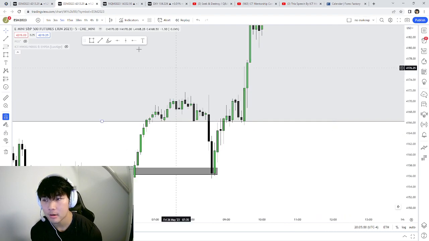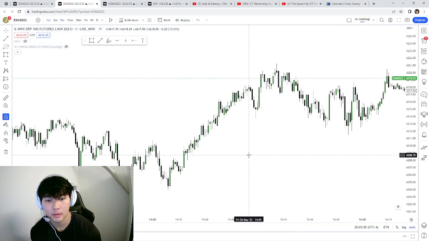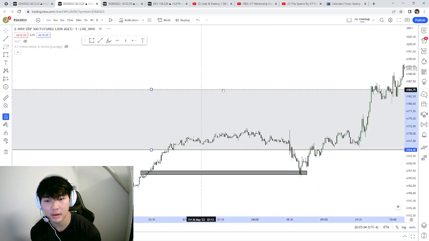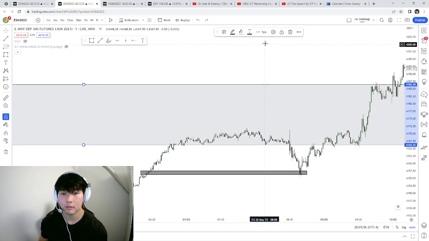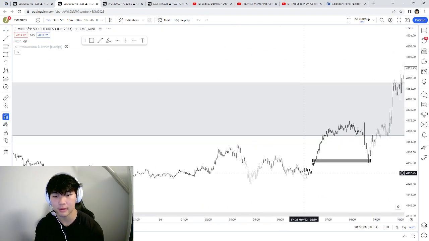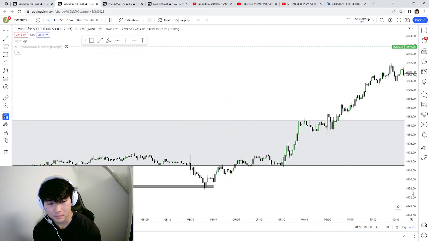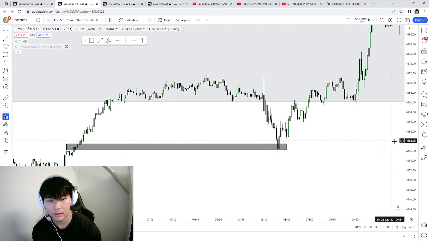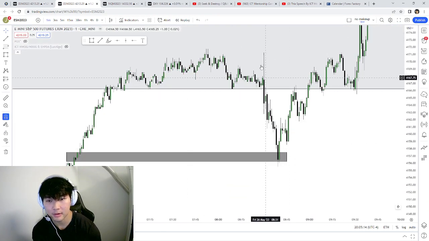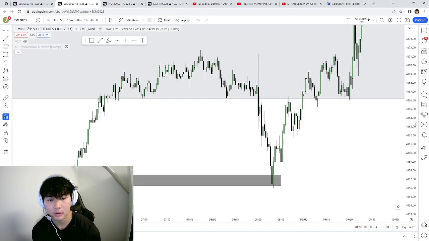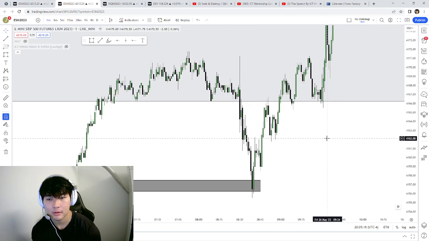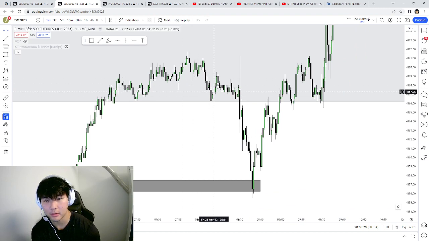So here we go on the 1 minute, and keep in mind we are inside of the daily SIBI. So if I'm expecting a reversal, it's going to be inside of this range. So let's take a look here. Let's say market open was here, and I didn't see any of this price action.